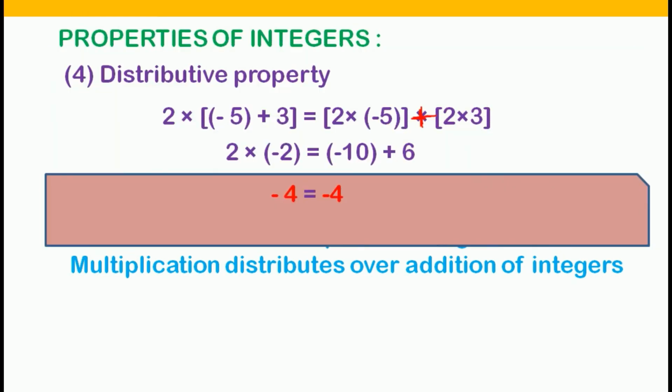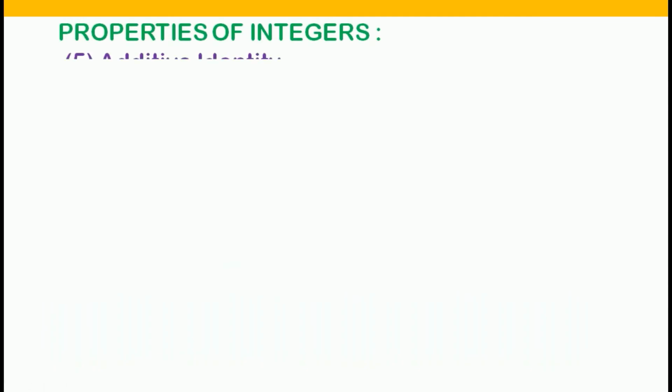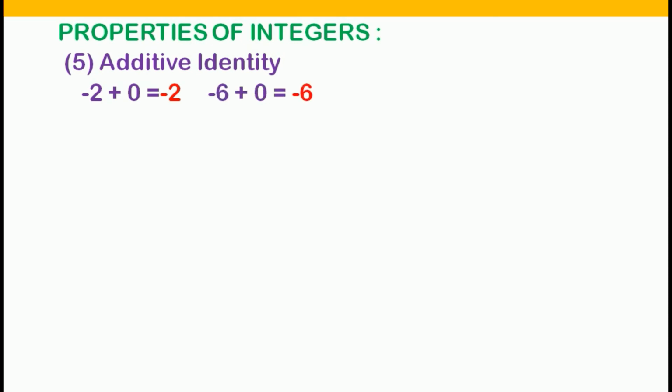In general, for any integers a, b and c, a into (b plus c) is equal to a into b plus a into c. Now move on to another property, that is additive identity. Observe carefully. Minus 2 plus 0 gives the result minus 2. That means when we add 0 to an integer, it gives the same integer.